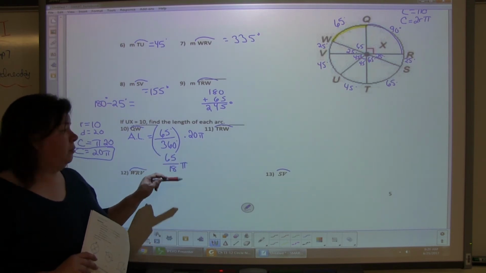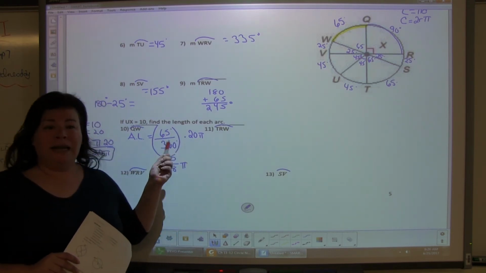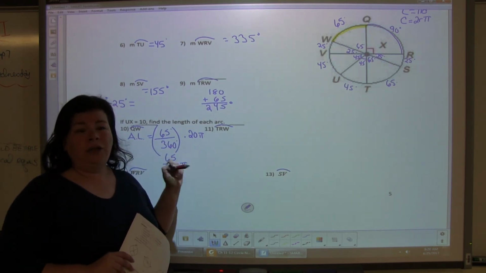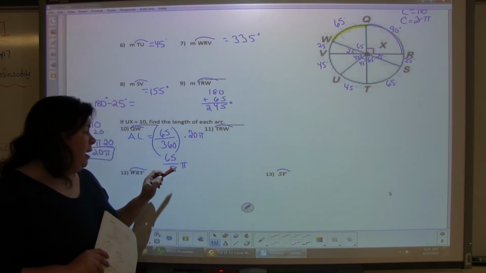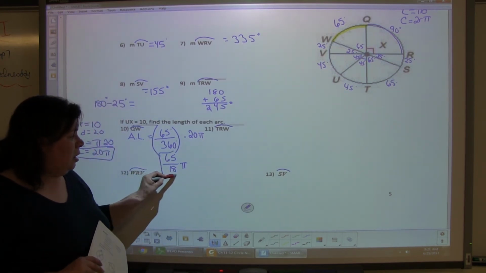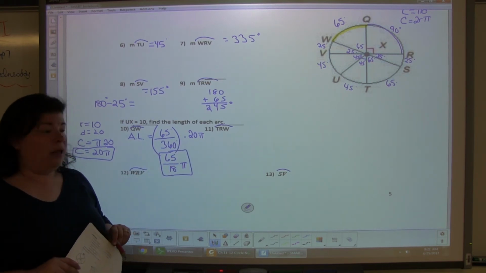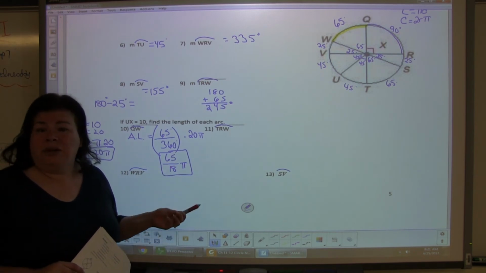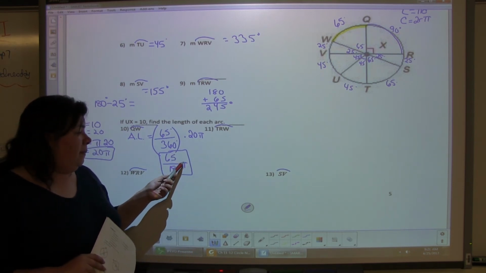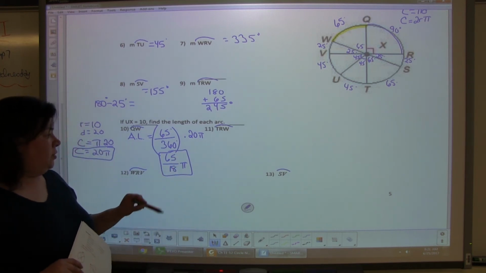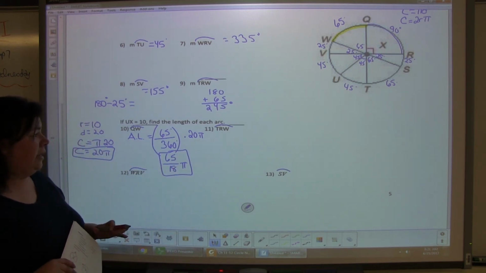And that's in lowest terms. Now you probably got a decimal, so make sure that you hit math, enter, enter on your actual calculator. And then you're going to get 65/18, and then we're just going to leave the pi in it as well. So that is the arc length. And again, this is linear units, so it could be pi meters, it could be pi feet, whatever. So it's just units.